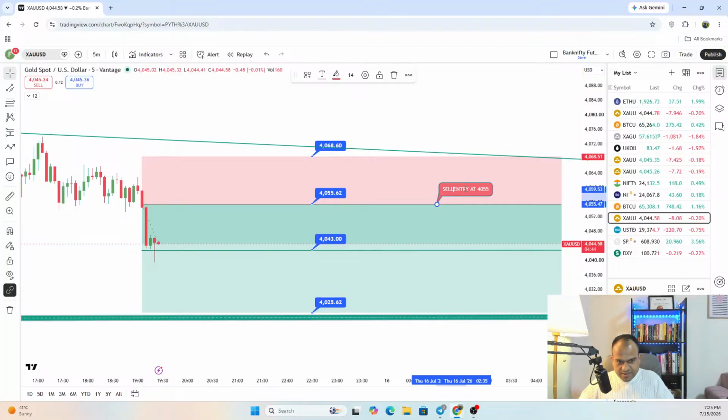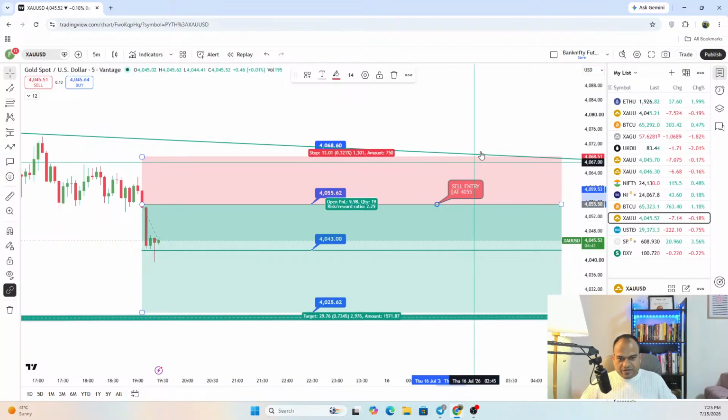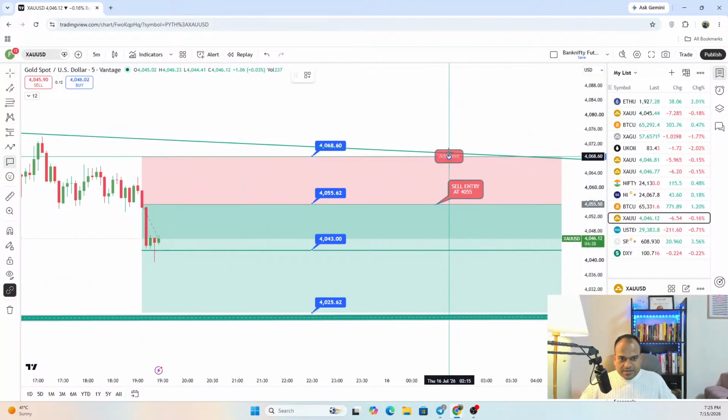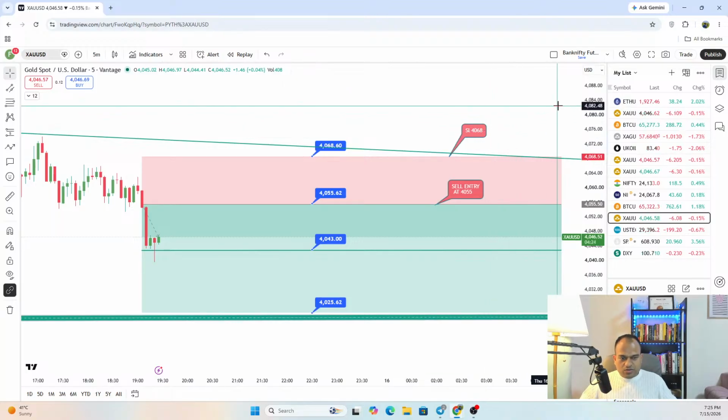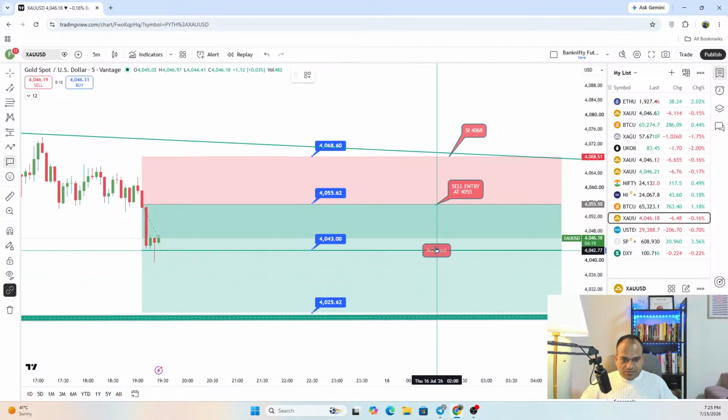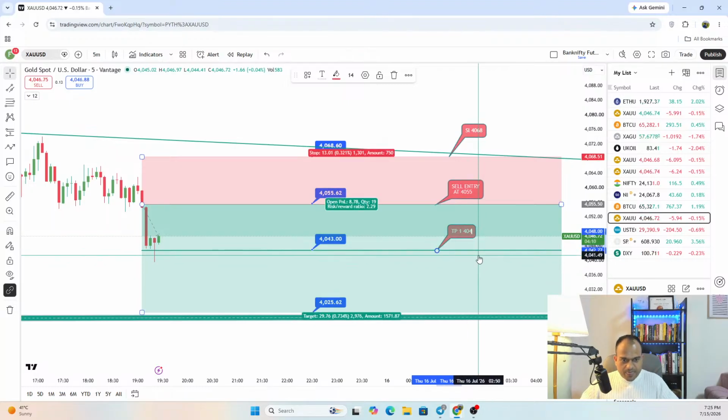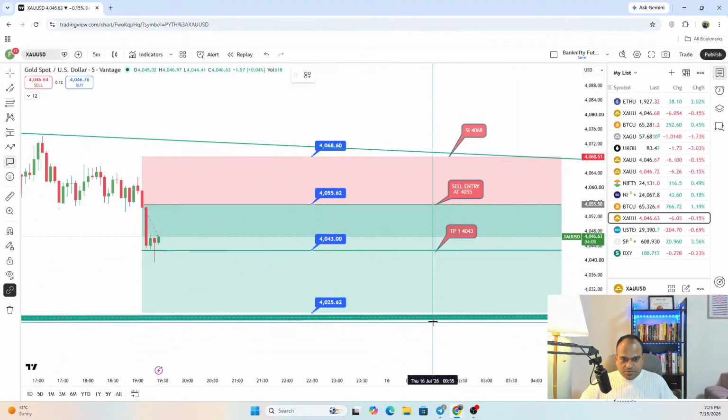Sell entry at 4055, and my SL was 4068, which was $13 or 130 pips. Then this is the TP1, target price 1 at 4043, and the TP2 is here at 4025.